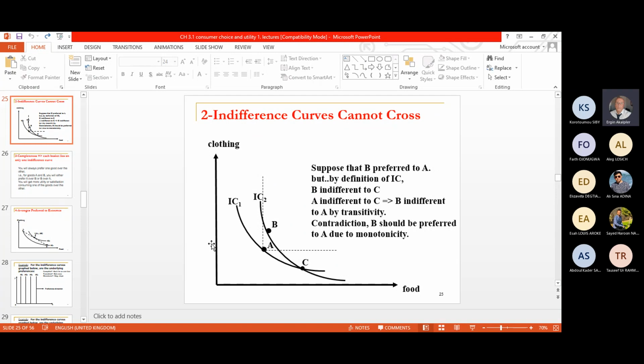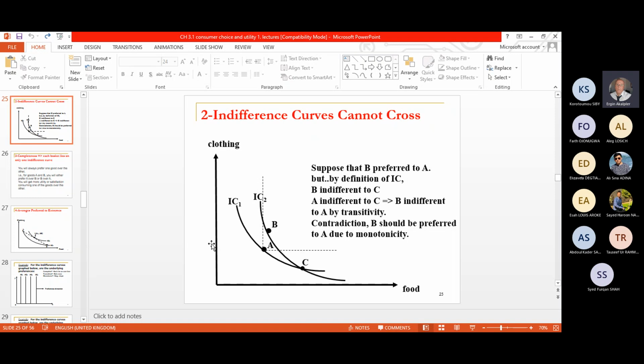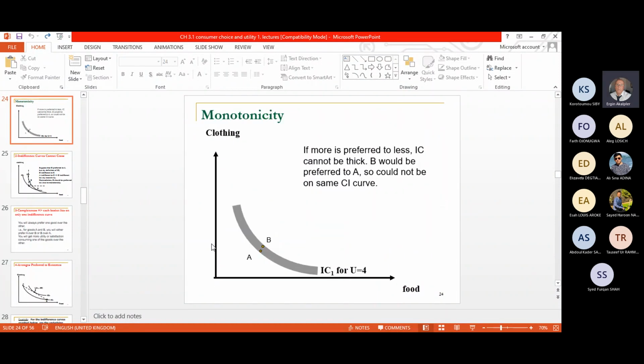Here I said indifference curves cannot cross each other. Are you understanding? If indifference curve 1 and indifference curve 2 cross, for example, there is a difference between A and B, isn't it?